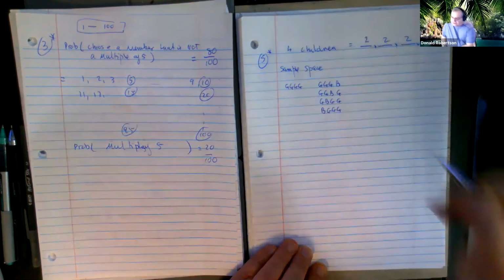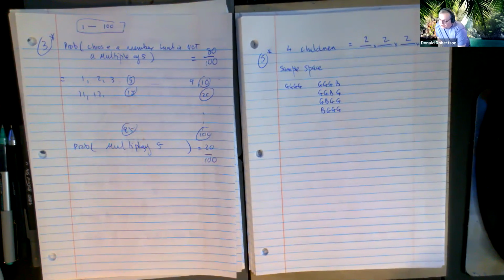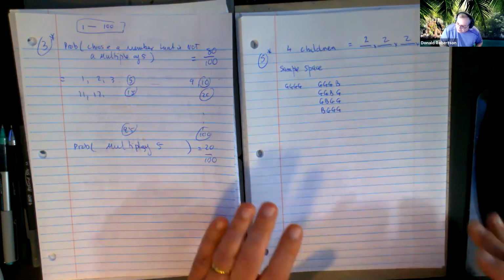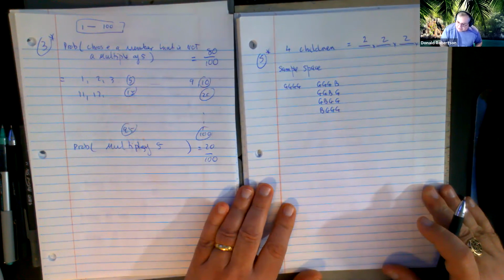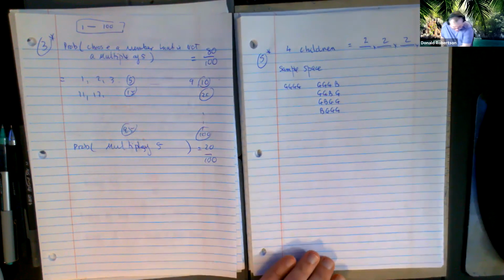Do you see that that's systematic and it's easy to keep track of who you've done and not double count somebody? Are we good? So far, so good. Right. So where are we off to next?